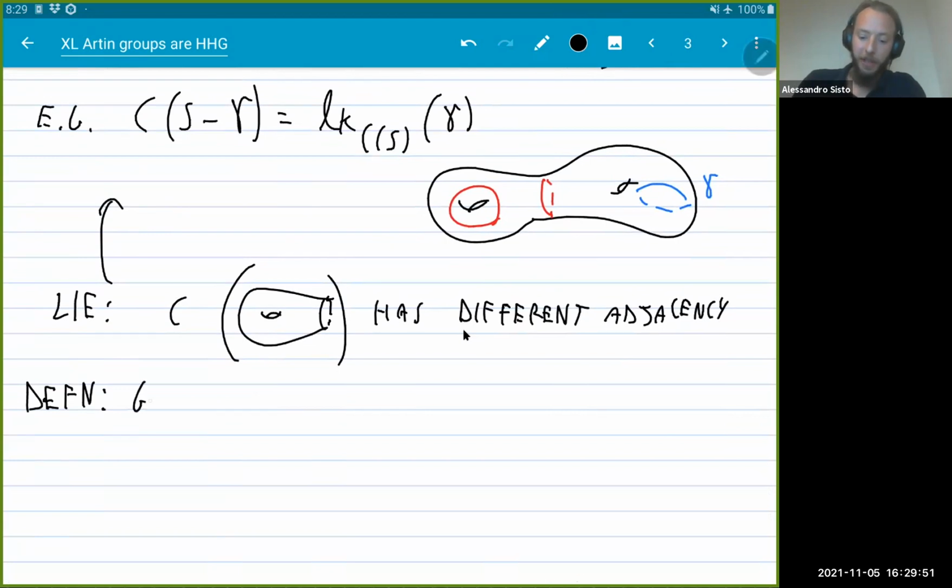So here's the definition. You have a group acting on a simplicial complex, let's say, or just a graph would be fine, but let's say simplicial complex.